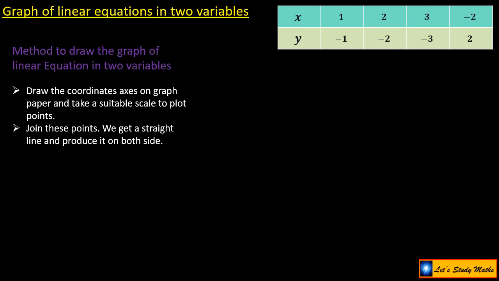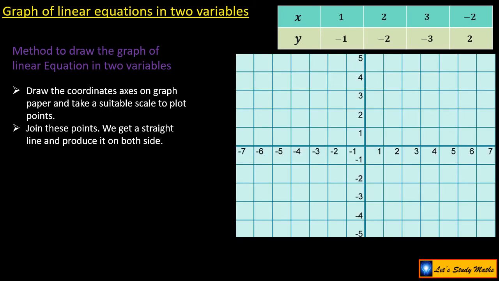Draw the coordinate axes on graph paper and take a suitable scale to plot points. Now we need to represent these values on the graph sheet. So we'll take a graph sheet and mention the scale. I am taking on the x-axis 1 centimeter equal to 1 unit.